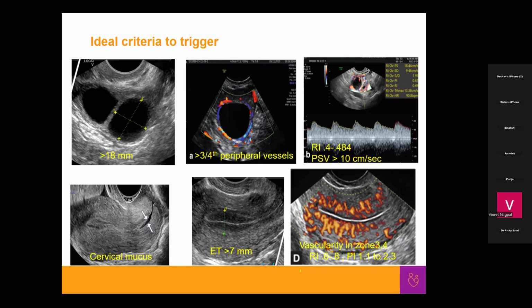You can easily wait for 1 or 2 days for HCG. And if the follicle is small and the endometrium is more mature, then there is a risk of premature rupture in these patients. So coordinated development of follicle and endometrium is very important for the success of IUI cycles.